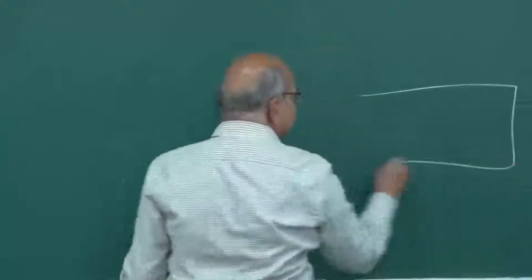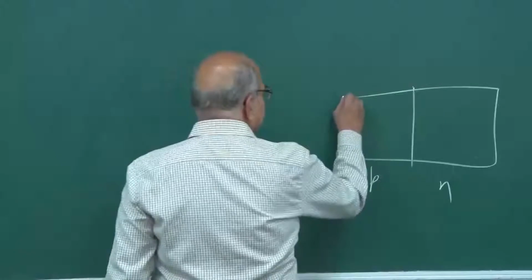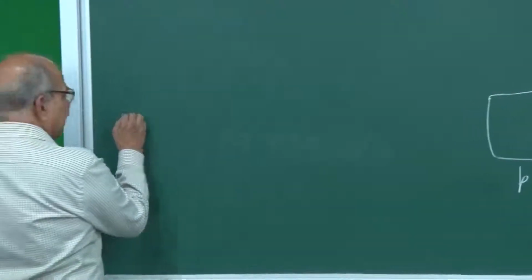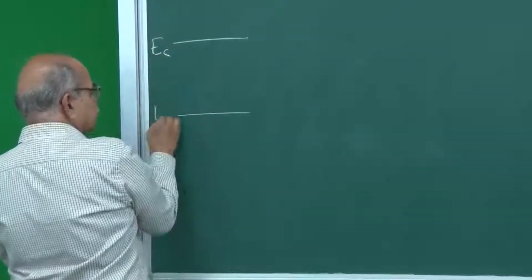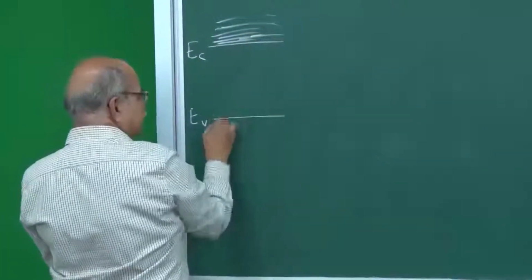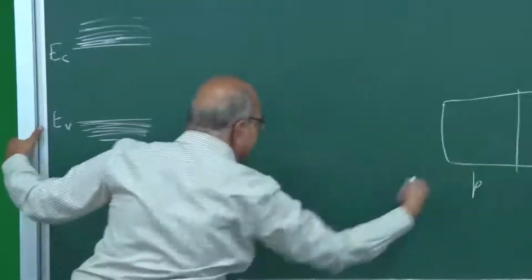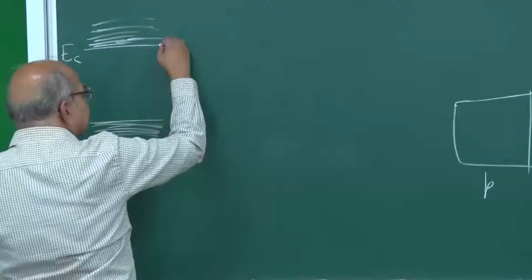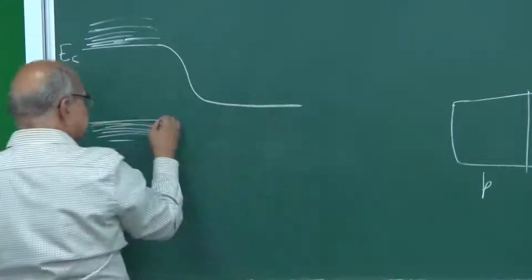So if you have this p-n junction, this is the p side, this is the n side, and if you write the energy bands, the conduction band EC and the valence band EV, the conduction band is here, the valence band is here, and well away from the junction on the p side, and then you have a bending out here.